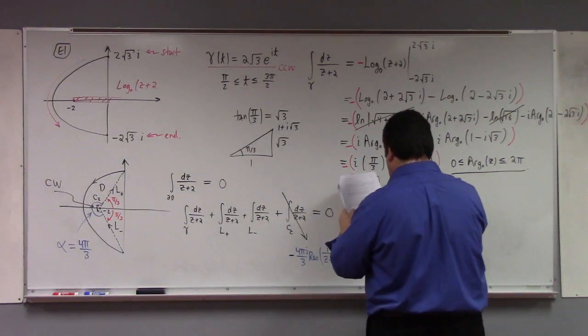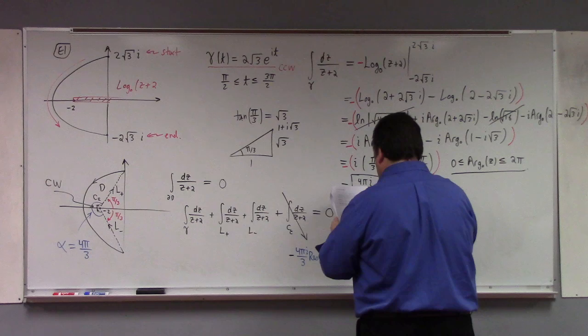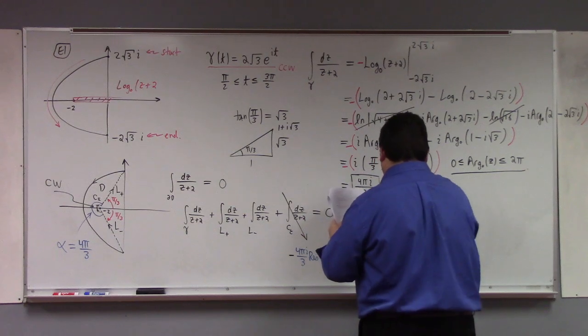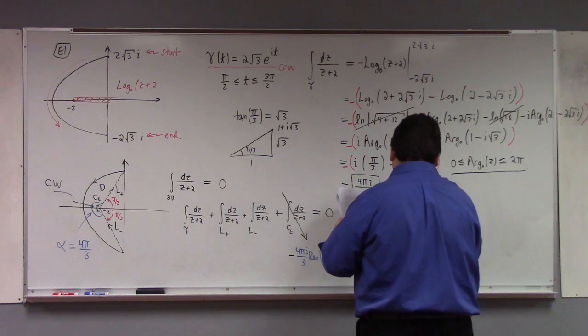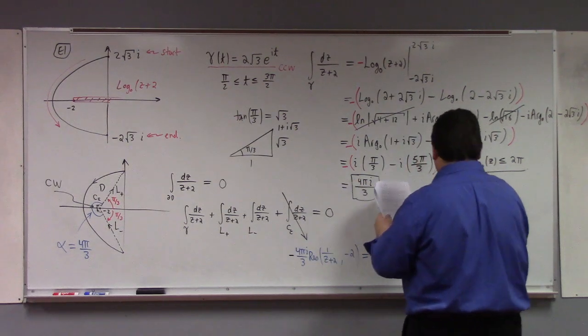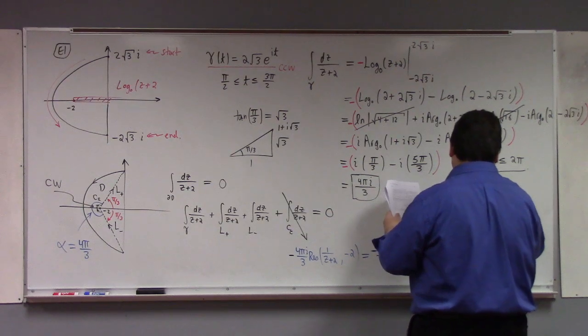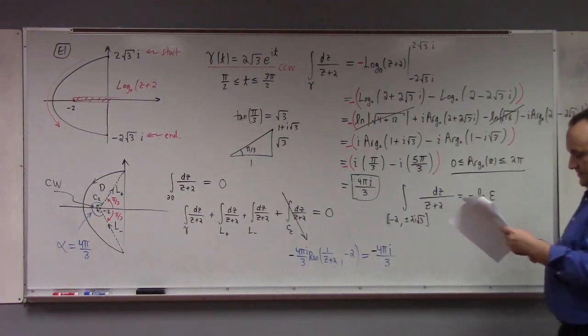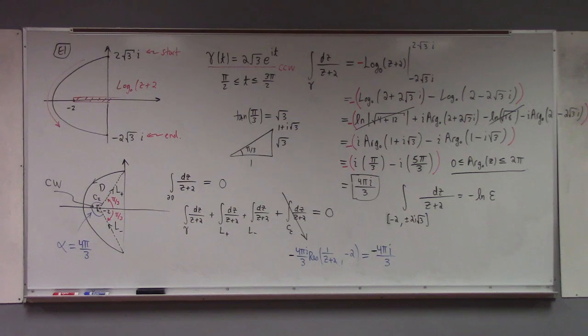The integral from minus 2 to plus or minus 2i root 3 of dz over z plus 2 works out to minus the natural log of epsilon.